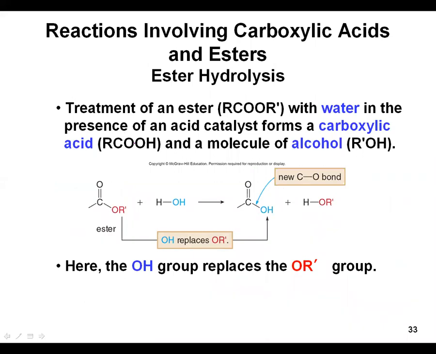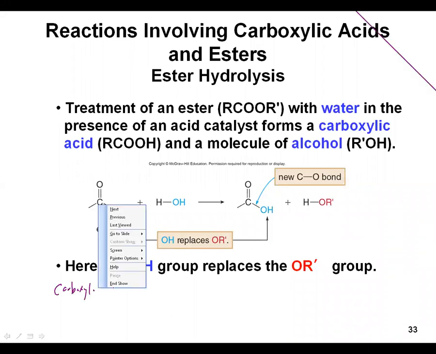So let's talk about another sort of reaction that occurs, and this is what is known as a hydrolysis reaction. Hydrolysis is basically when we add water, and an ester hydrolysis is basically the opposite of an esterification reaction. In an esterification reaction, we start with a carboxylic acid and we take an alcohol and we get an ester.